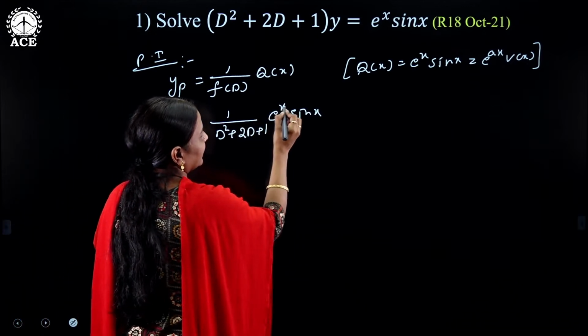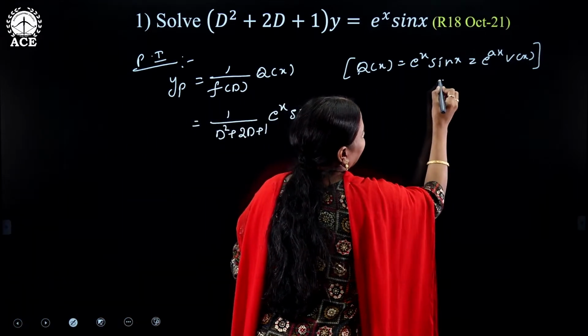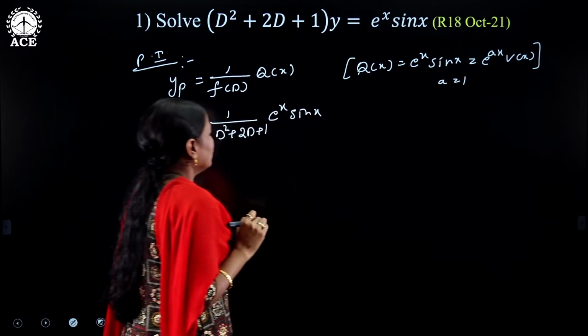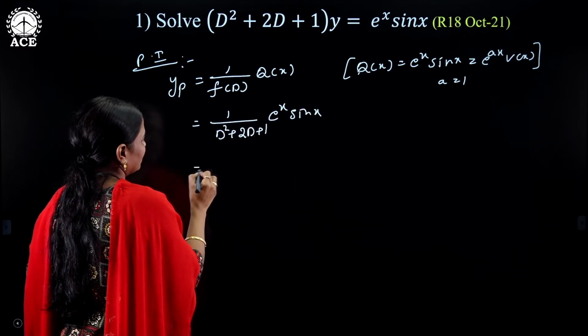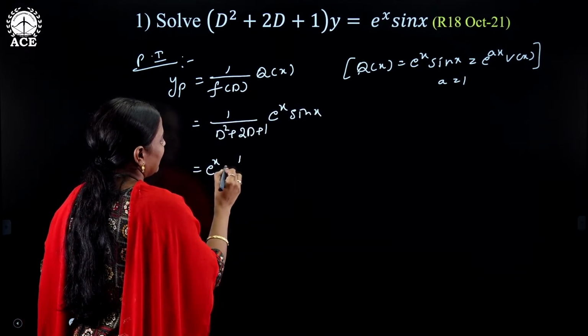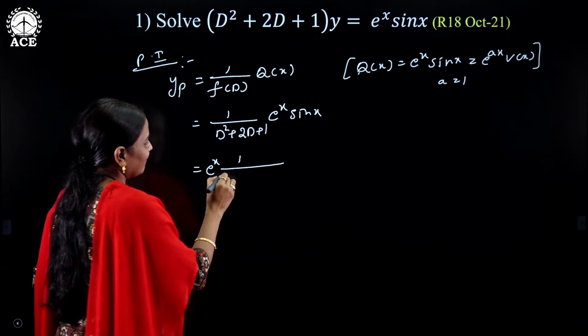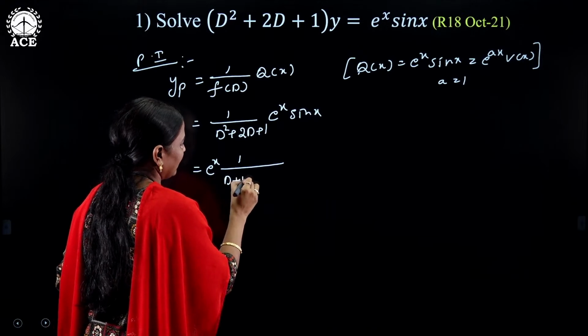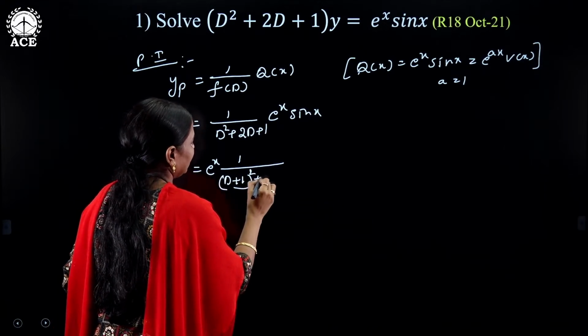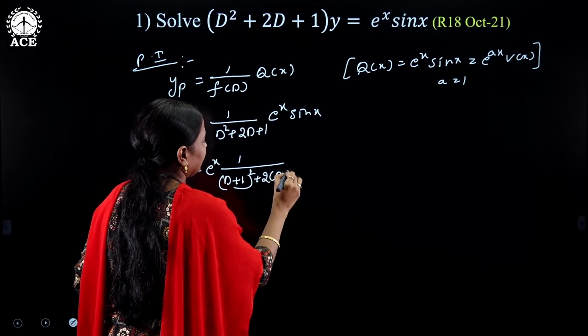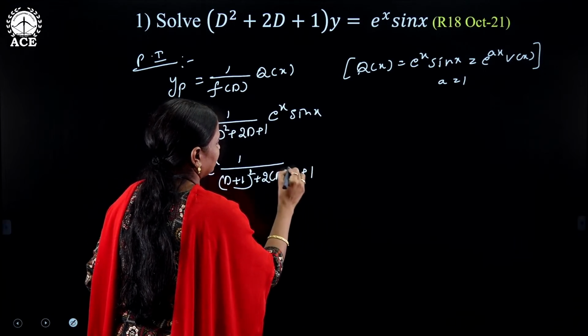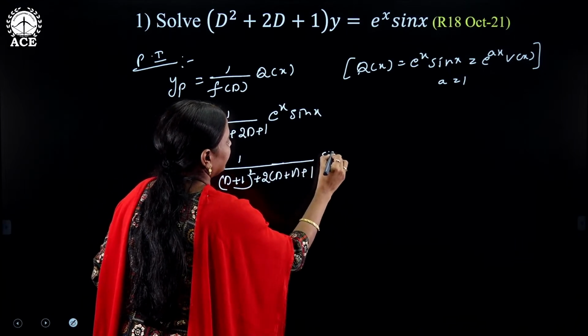Comparing, a is equal to 1. So take e power x to the left of 1 by f of D and replace every D with D plus 1, this is the important point. So (D plus 1) whole square plus 2 into (D plus 1) plus 1, into sin x.